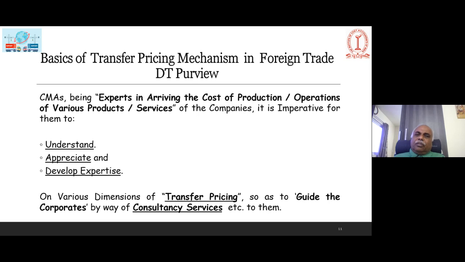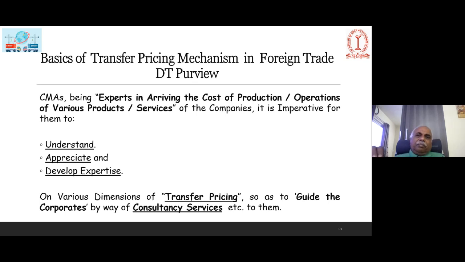The cost and management accountants are experts in arriving at cost of production. Our core subject is costing. Whether it is production or services, we are the better persons to arrive at the costing, because our subjects are also like that. So that's why experts in arriving at cost of production, operations of various products and services of the companies, and it is imperative for them to understand, appreciate, and develop expertise.